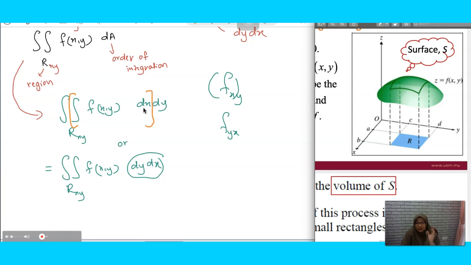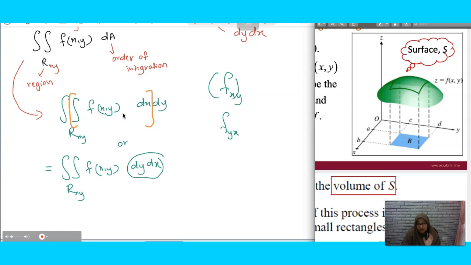Okay, and then there must be a limit, so you need to put the limit. When you put the limit, you will get some expression. After you substitute the limit, it's not necessary that you will always get a function.